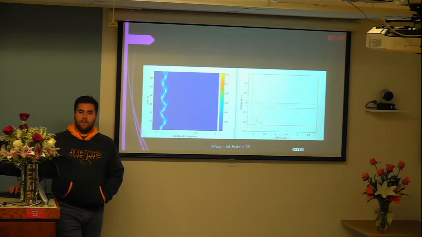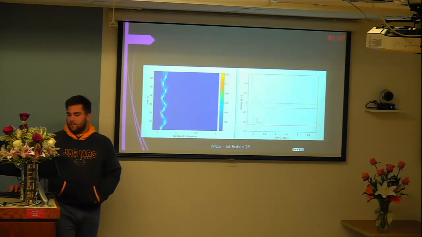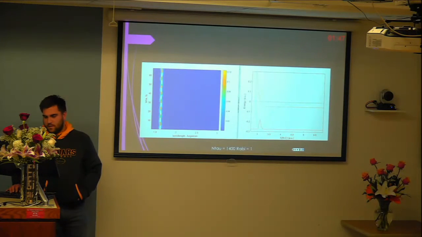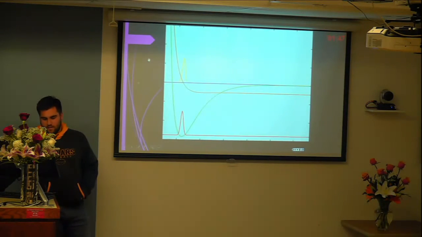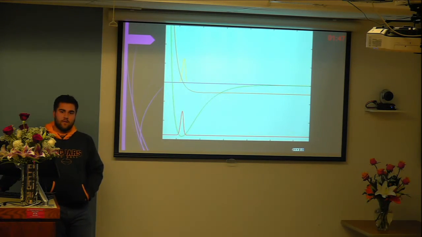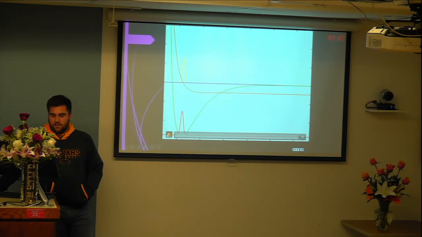Please. So on your video, the dynamics, I didn't really see where the wave packet went back to the ground state, and also I don't understand that the excited state seems to be lower in energy at that point than the ground state is. I'm confused what that means.